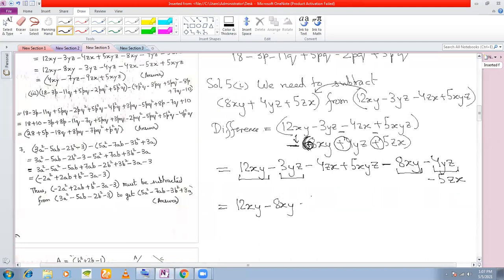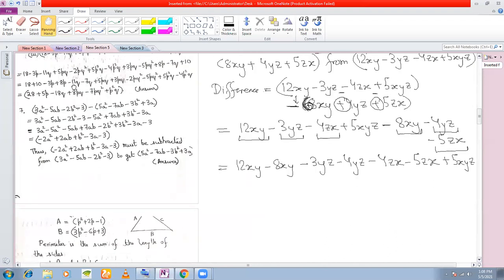So we'll take these two together, minus 3yz minus 4yz. Next we have a zx here, and here also we have a zx. So we'll take them together, minus 4zx minus 5zx. And the only term that remains here is plus 5xyz. So we write it as it is. No other like terms are there.